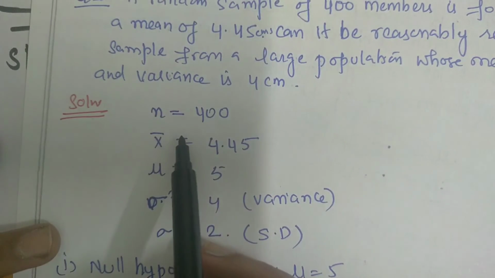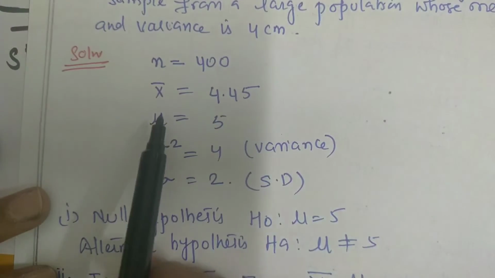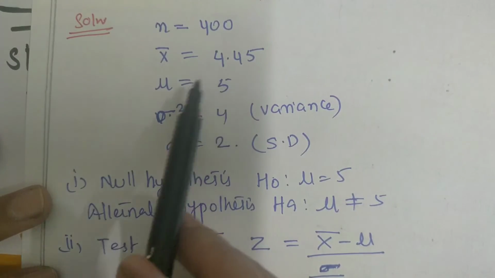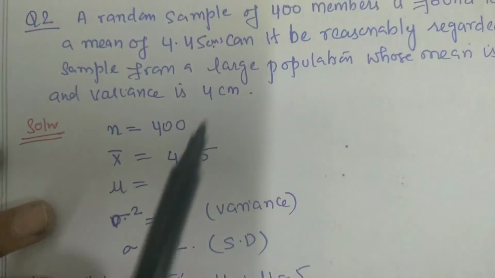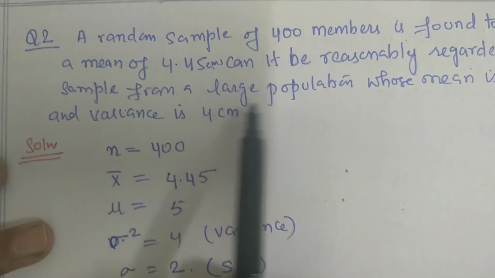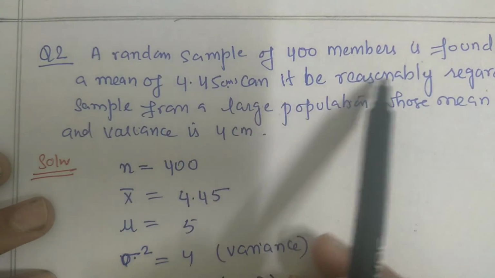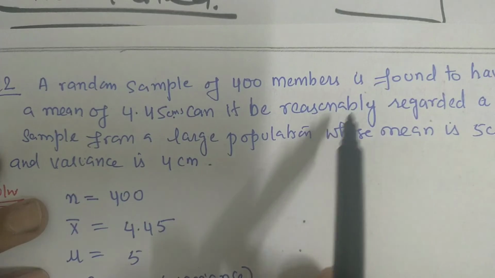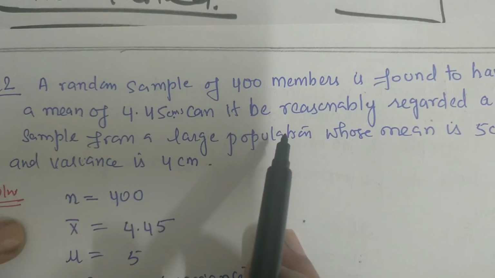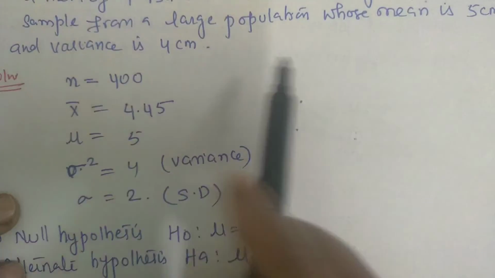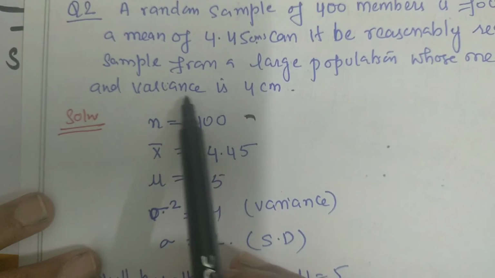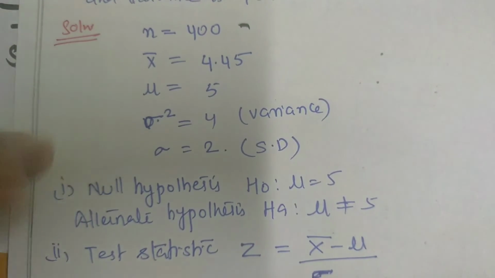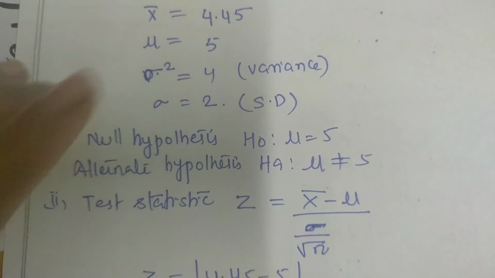The sample size is 400, the sample mean is 4.45, the population mean is 5, and here again they have given the variance. Variance is 4, so we have to calculate the standard deviation. So just take the square root, then we can get the standard deviation.